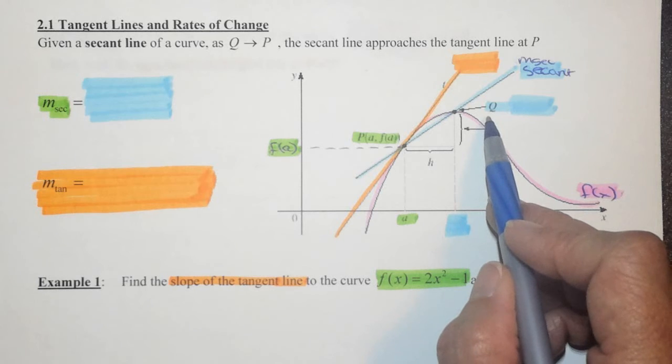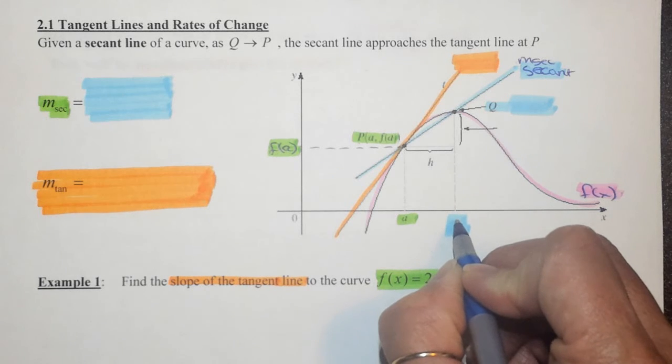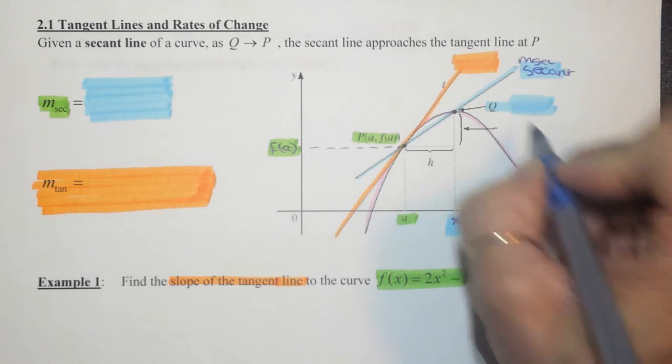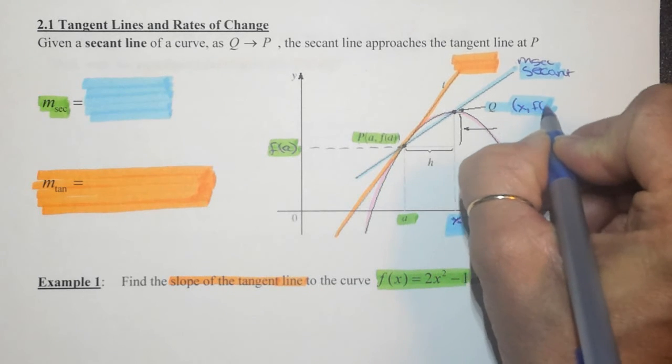And then I have the point Q, so what we have is some given value x, okay, and we plug that into our function and get f of x.